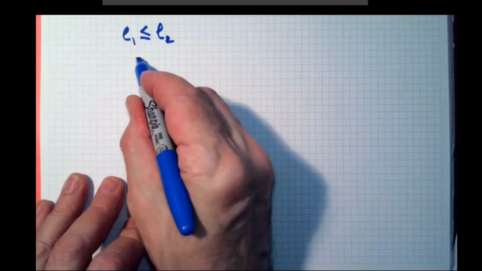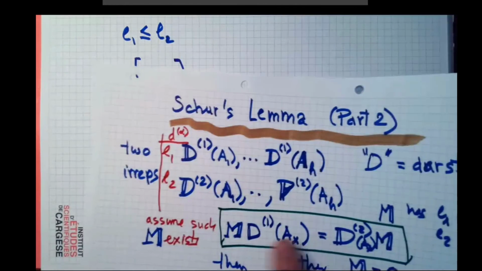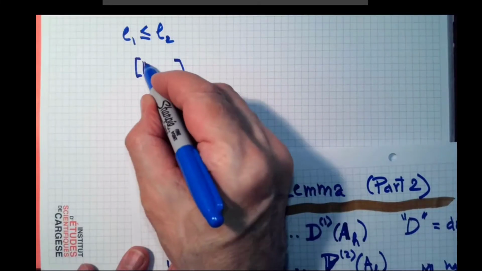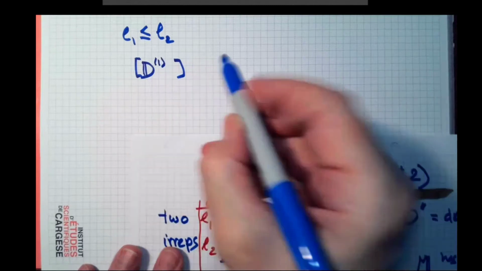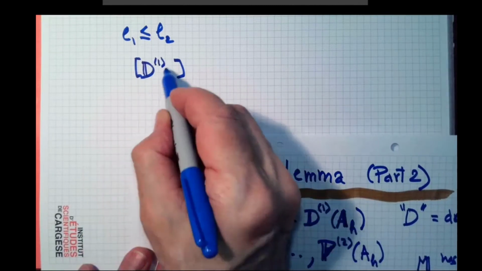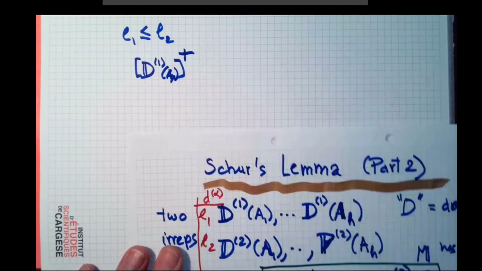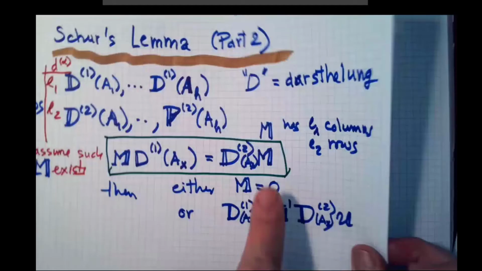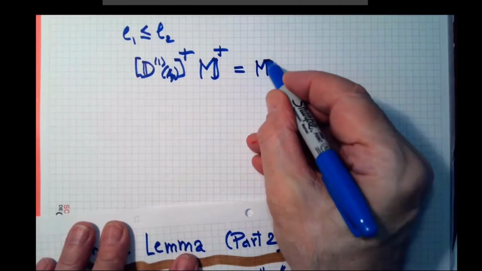So when I Hermitian conjugate this, I get the matrix 1 on the left-hand side, D1 of AX Hermitian conjugate, and M becomes M Hermitian conjugate. This guy, M, ends up on the left-hand side.